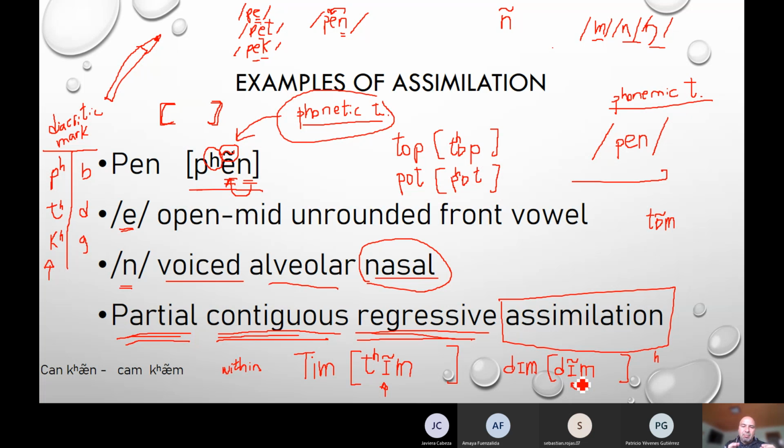Okay, this is also partial, contiguous, because the two sounds are next to each other, regressive assimilation, because it's going backwards. It's going from right to left. I don't know if it's clear so far, guys. This is a process of assimilation that happens within a word.